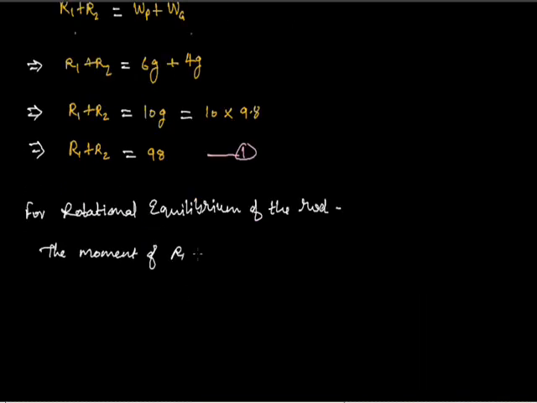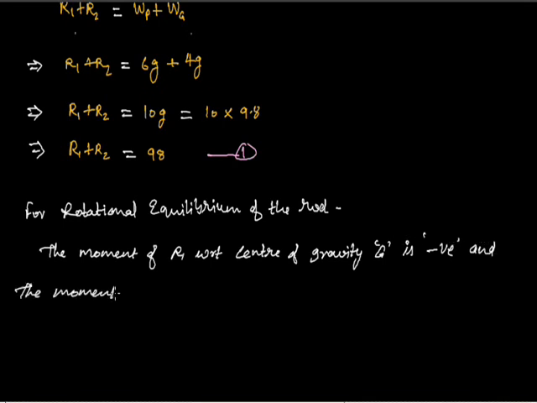The moment of R1 with respect to center of gravity G is negative, and the moment of R2 and weight suspended at point P with respect to point G is positive.